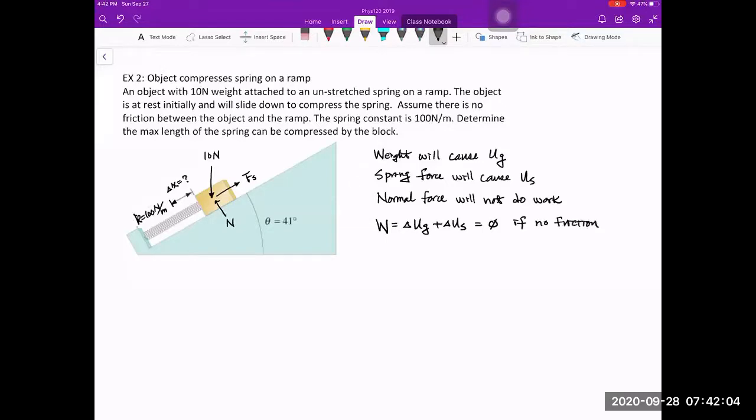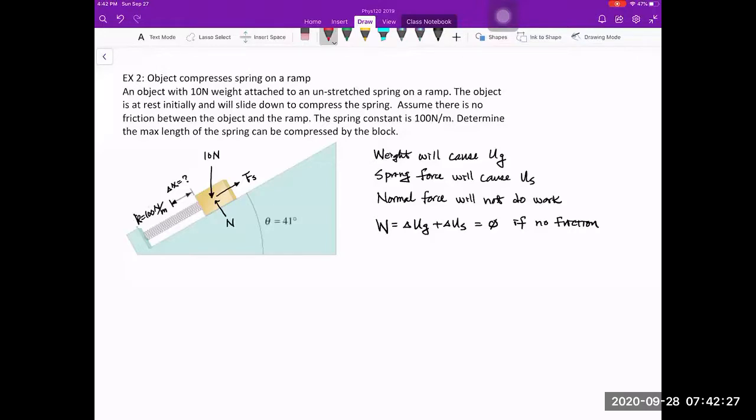What happens if we do have friction? If you have friction, then this equation will be a little bit different. If you do have friction, then the work will have some value, where the value is going to be friction.